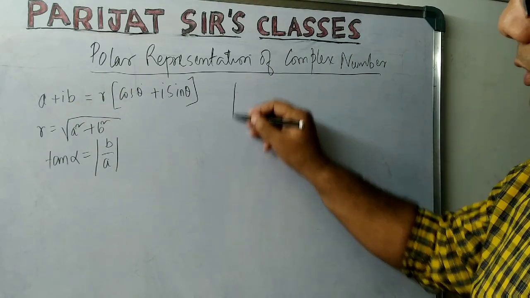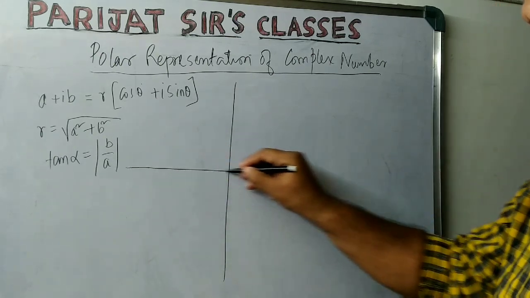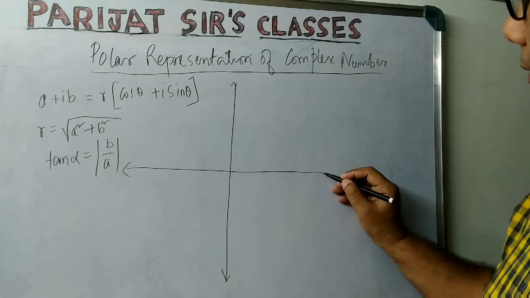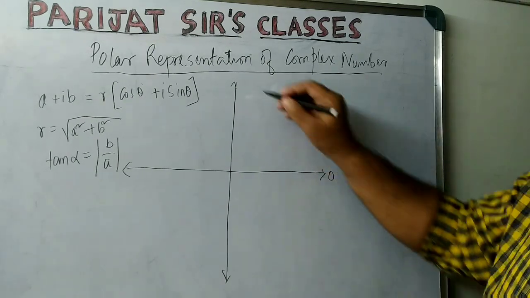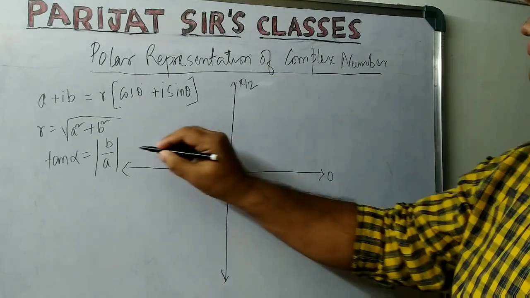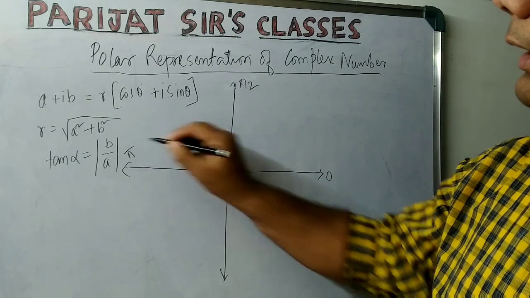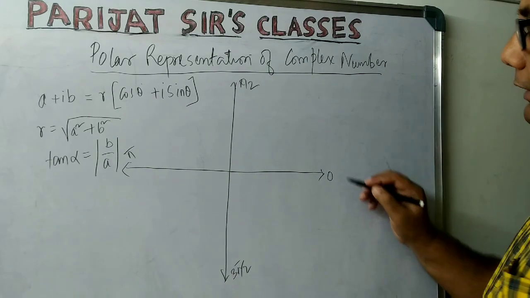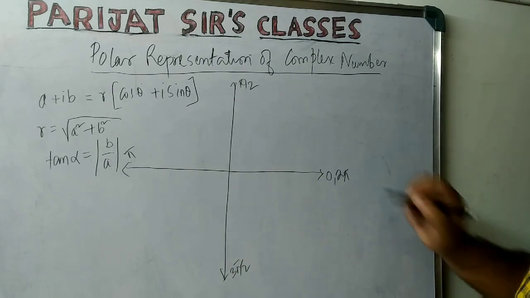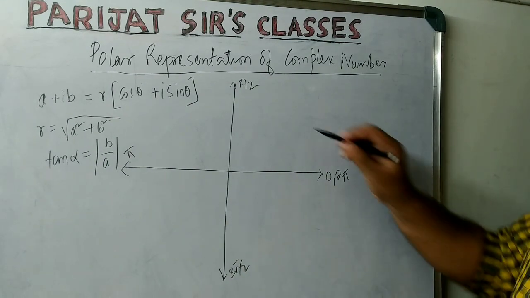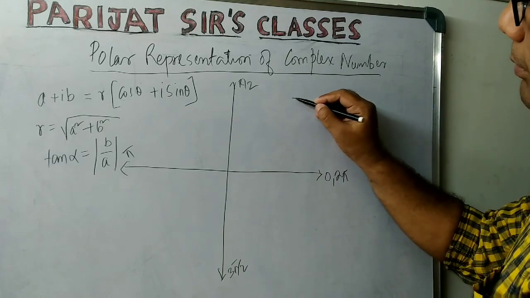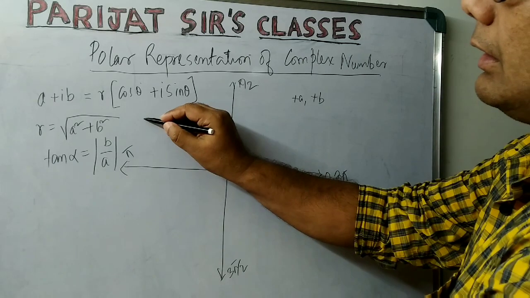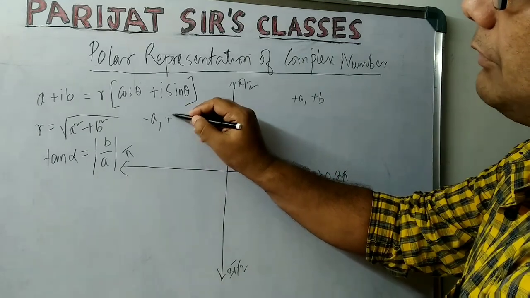Now we know that if this is our axis, then this is 0, then it is pi by 2, then it is pi, it is 3 pi by 2, and this is 2 pi. So here we will take both a and b positive. Here a will be negative and b will be positive.